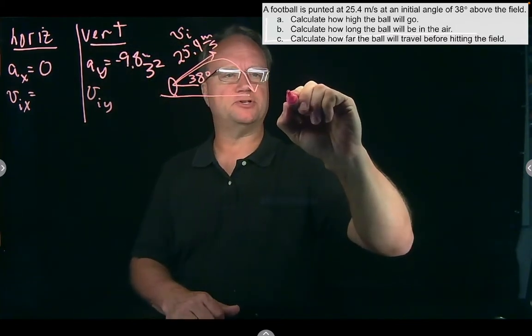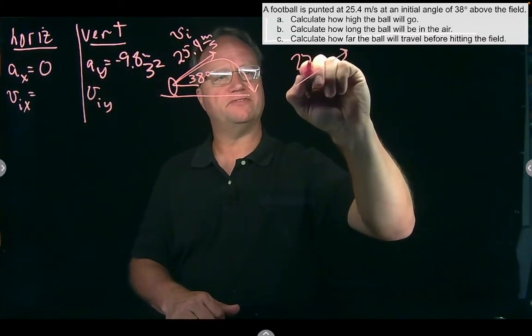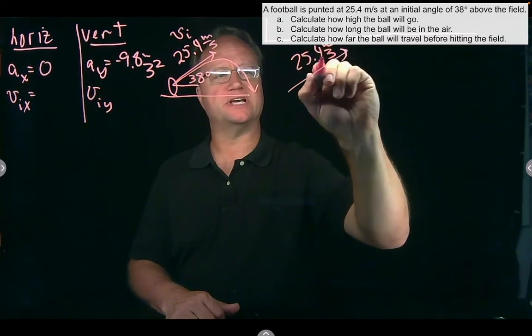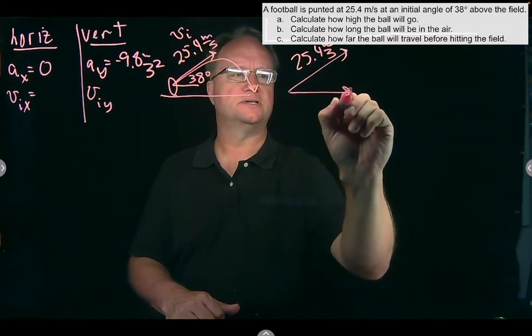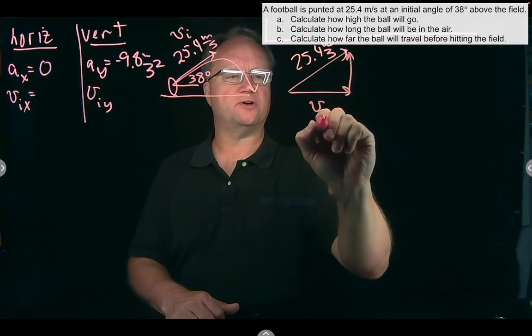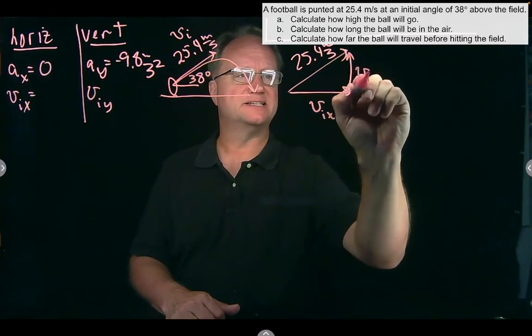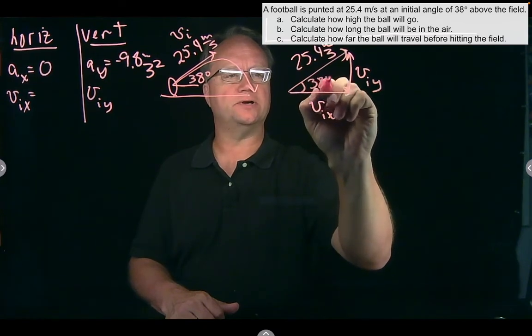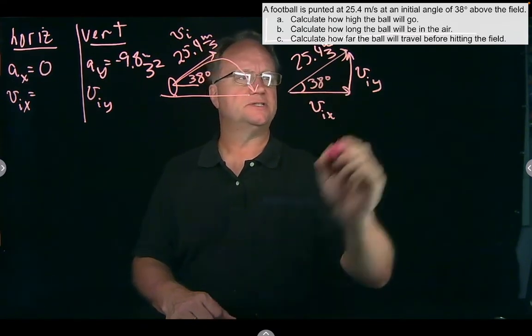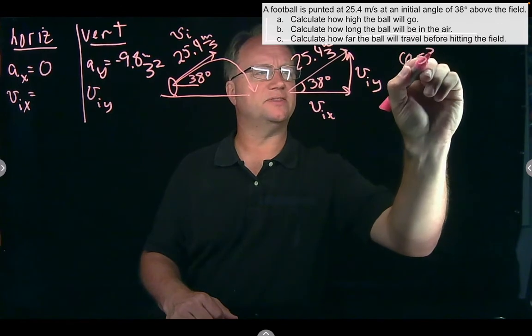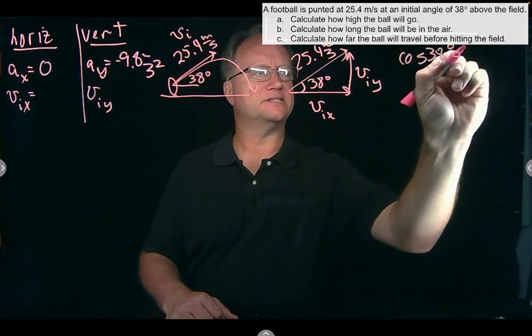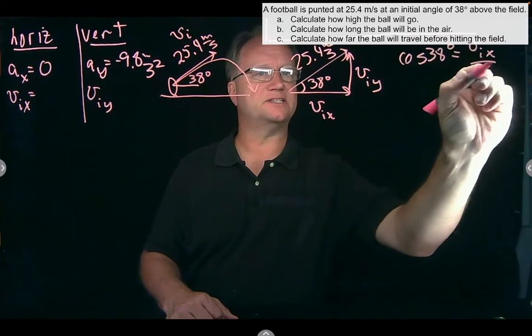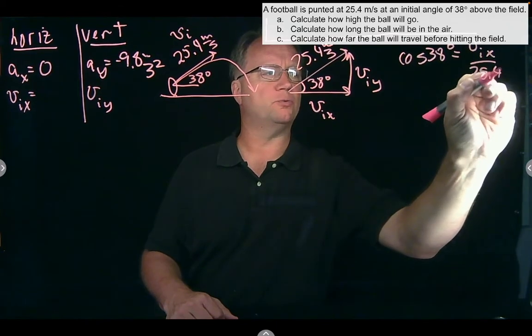So if I set up a triangle, 25.4 meters per second on the hypotenuse. Then the horizontal component would be VIX, the vertical component VIY, and our angle here 38 degrees. So then cosine 38 degrees, that's going to give me VIX over 25.4.